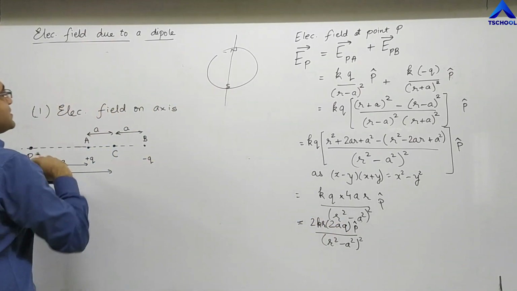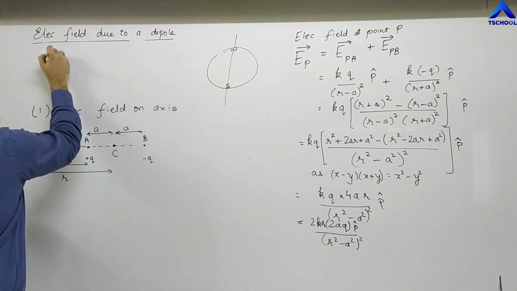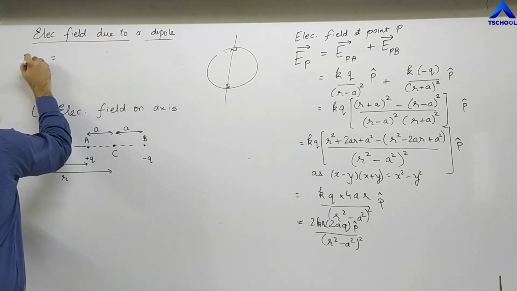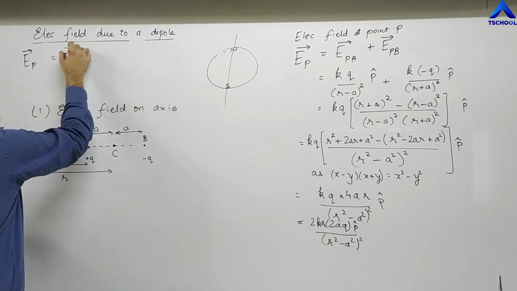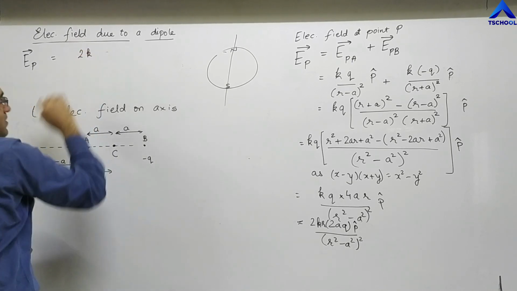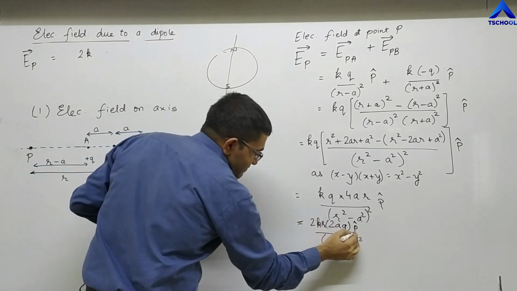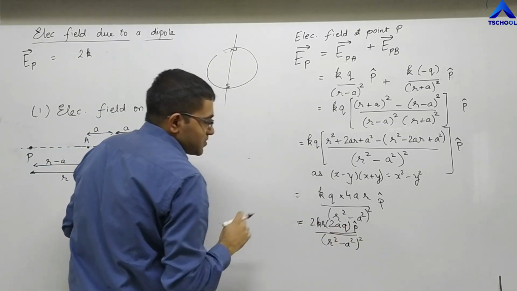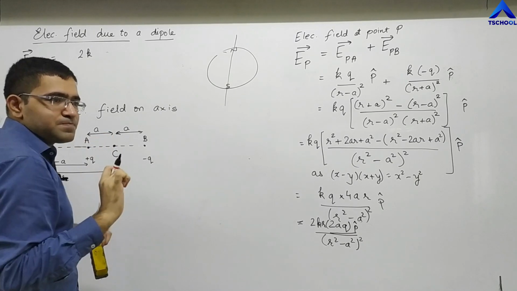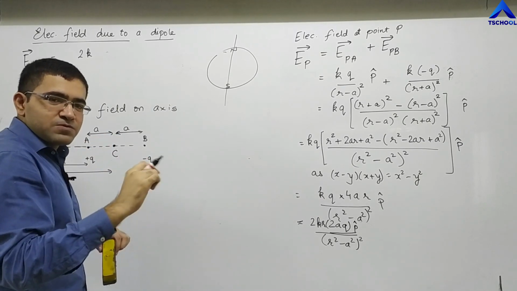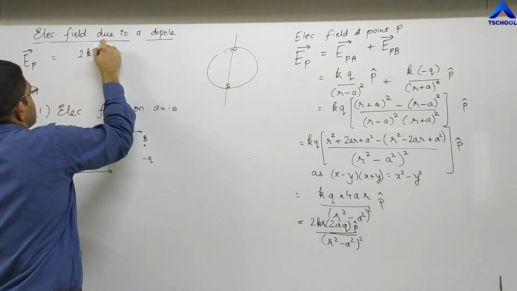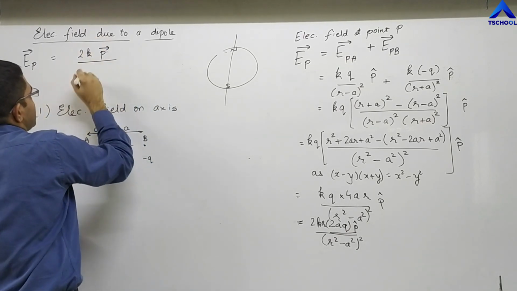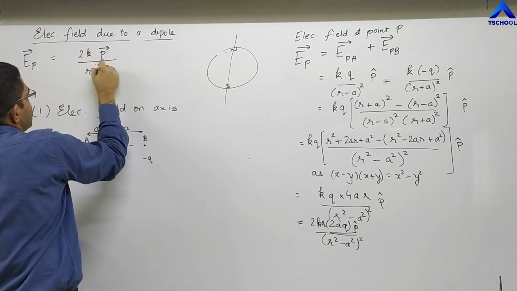what we can get is as follows. I can write this electric field E to be 2K. Alright. Now if you have a look here, this term 2AQ is P, and P is the magnitude and P hat is the direction.